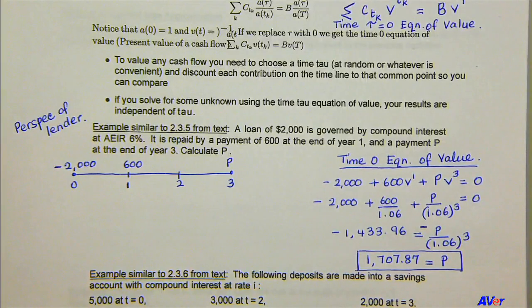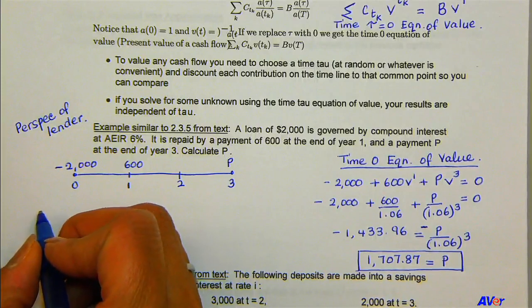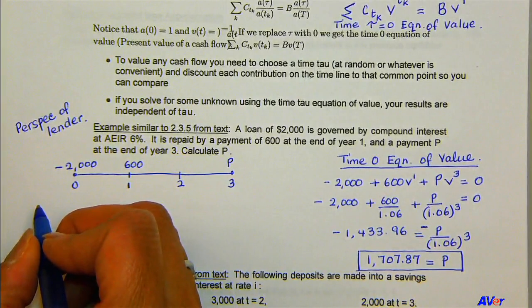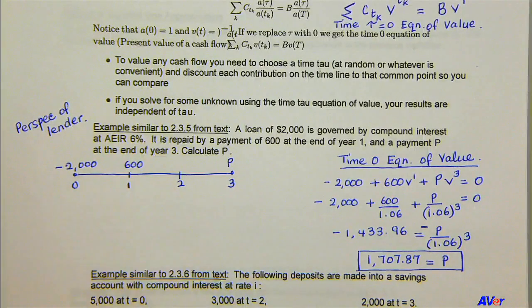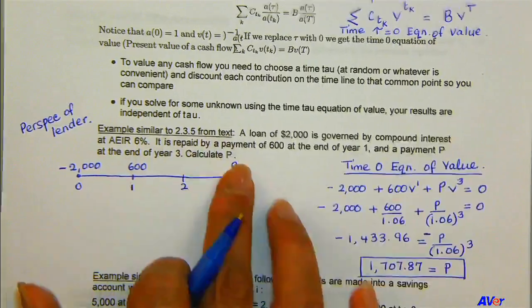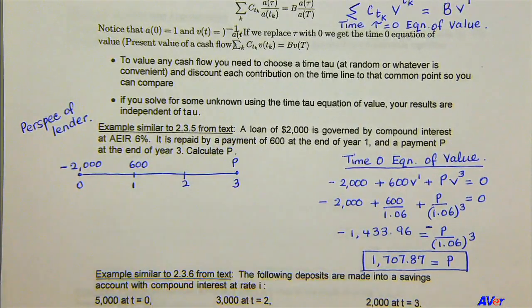Now let's do the same thing with a time 1 equation of value. If tau equals 1, what would happen? We claim that the answer would be the same regardless of the tau that we choose, right? Yes, question? So the interest amount, how much will be the interest amount? The interest amount where? You can bring all the money that you've paid to time 3 and then subtract 2,000, and that would give you the total amount of interest paid.